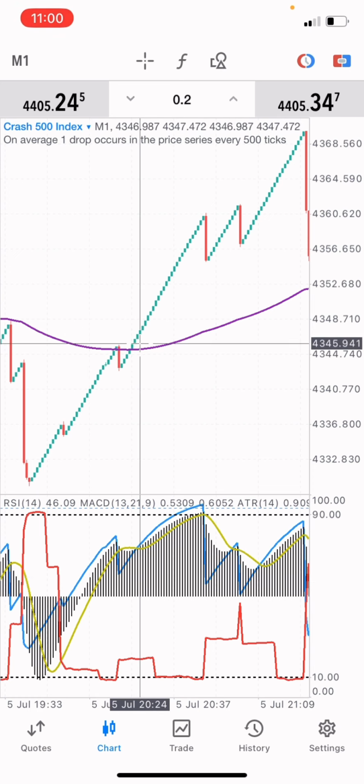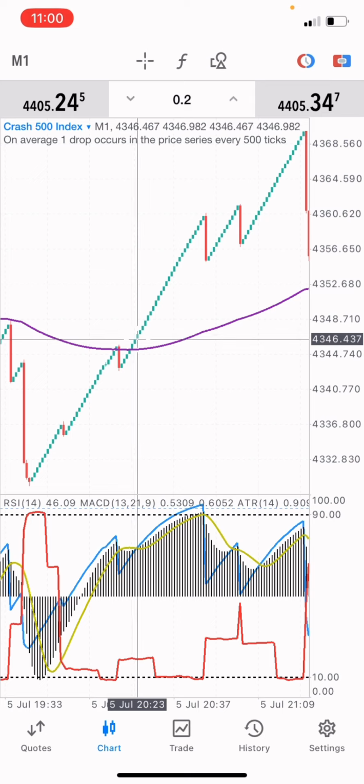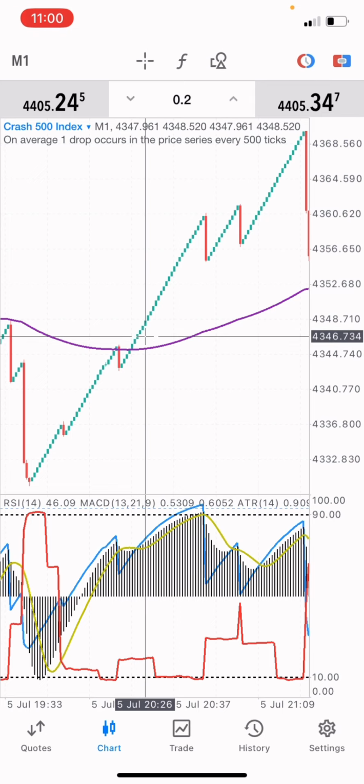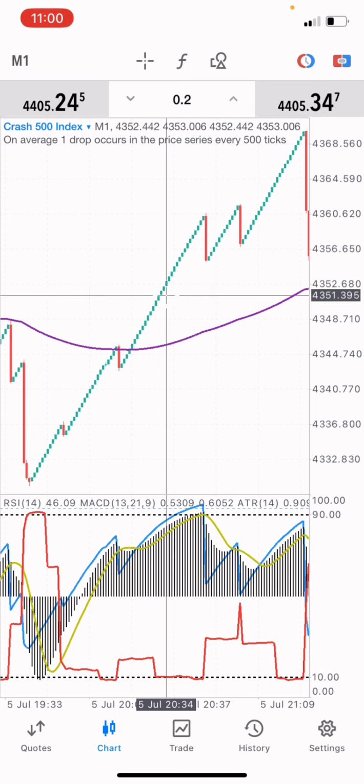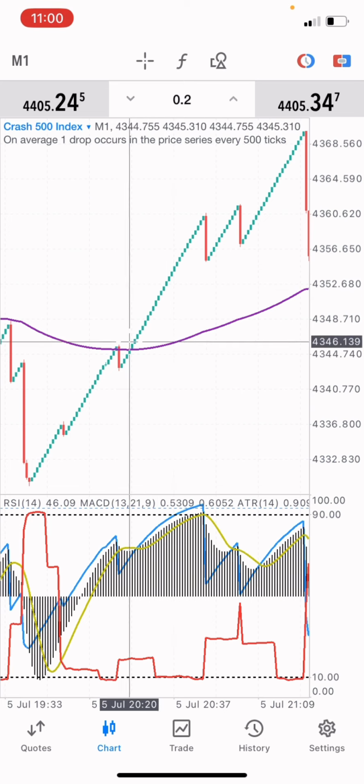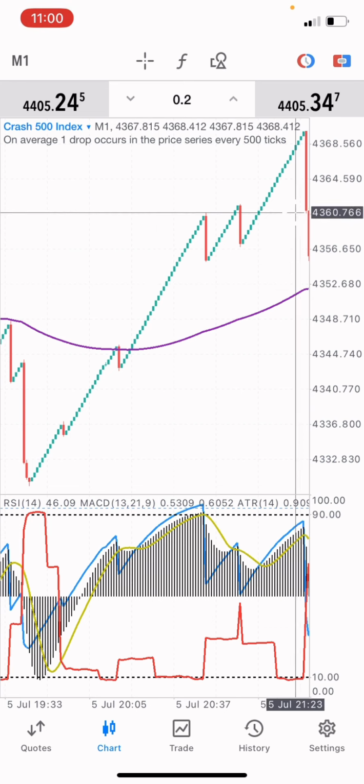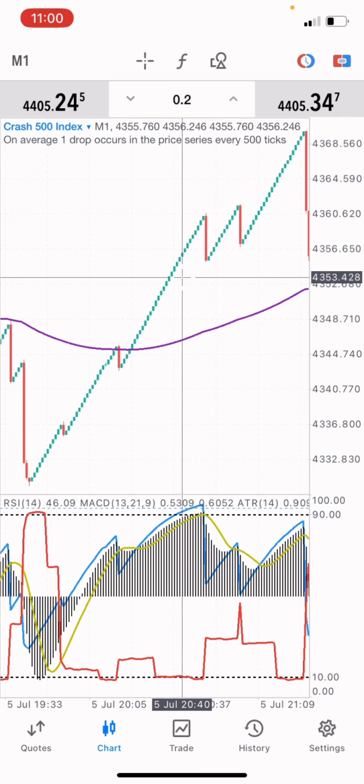Now from here, we're going to count 1 2 3 4 5, okay. You can count an extra 5 again, and that is 10, and you exit the market taking a $1 profit.